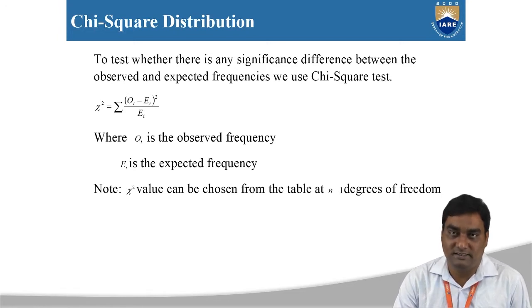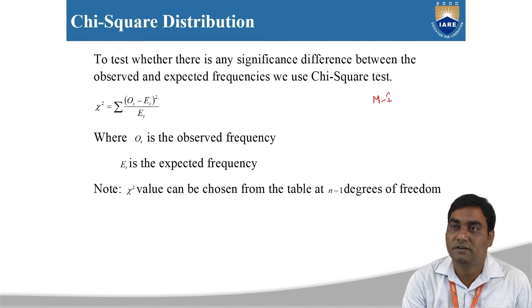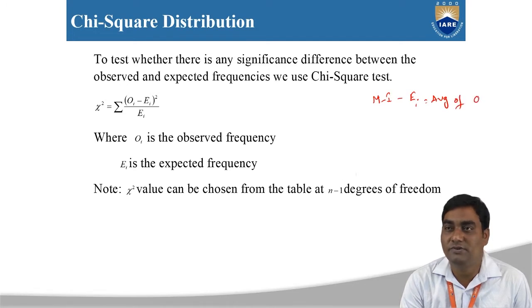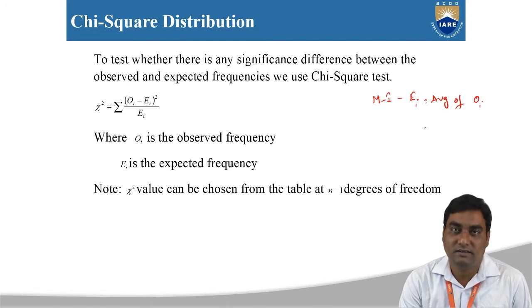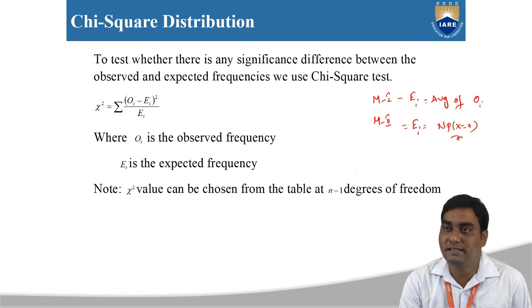In method 1, we find the expected frequency by using the average of observed frequencies. In method 2, we find the expected frequency by using n into p of x equal to x. That p of x equal to x may be binomial distribution or Poisson distribution.